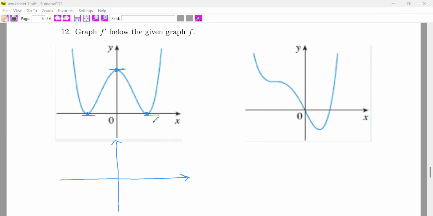It means that for f prime, we would have 0 at this point, also this point, and this one.